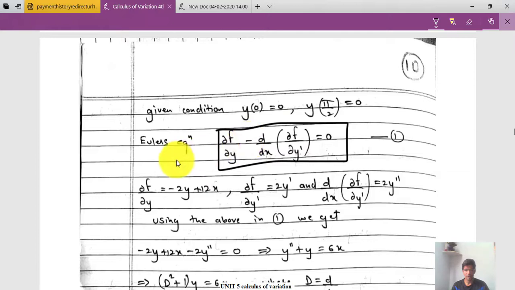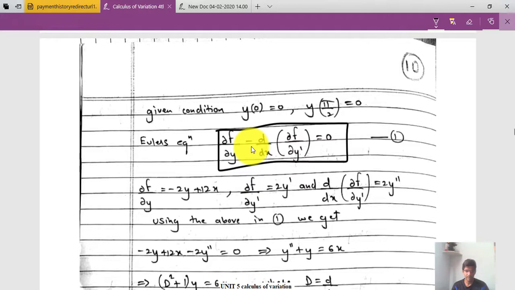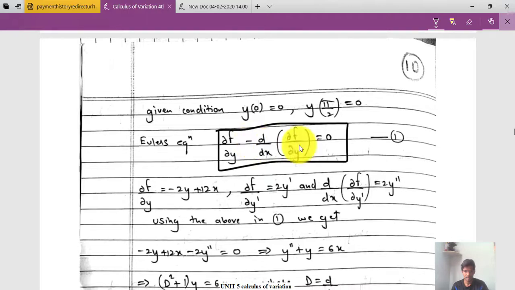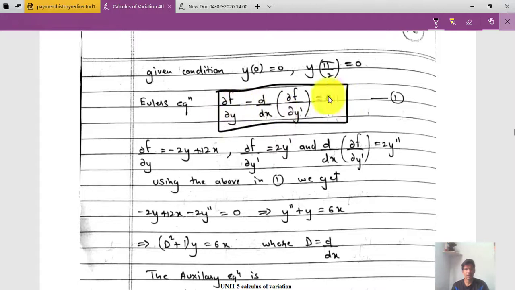Okay, so see here, x is there, y is there, all the terms are there. Let me take this Euler's equation. So dou f by dou y, partially differentiating with respect to y, keeping other terms constant, is minus 2y plus 12x. Dou f by dou y prime is 2y prime, and d by dx of this, differentiating it again, becomes 2y prime.